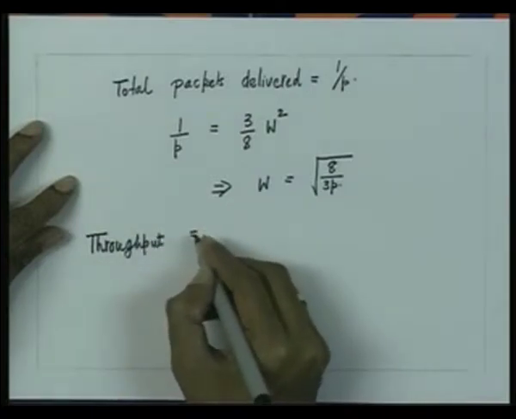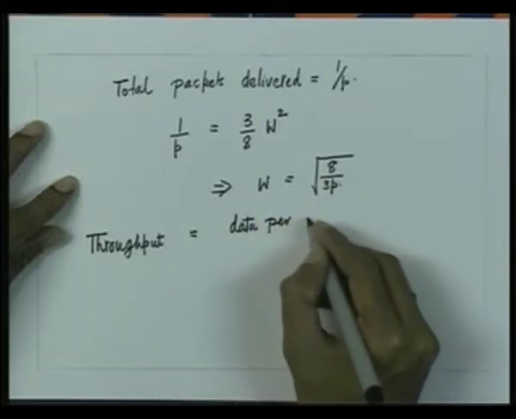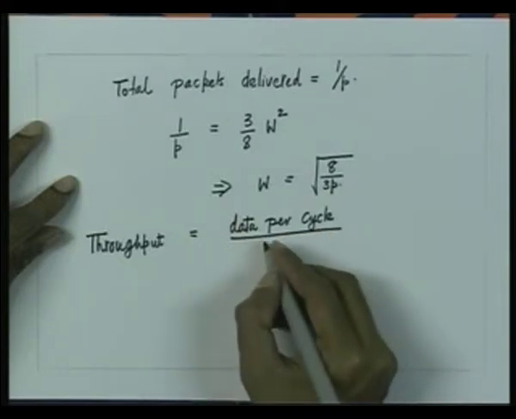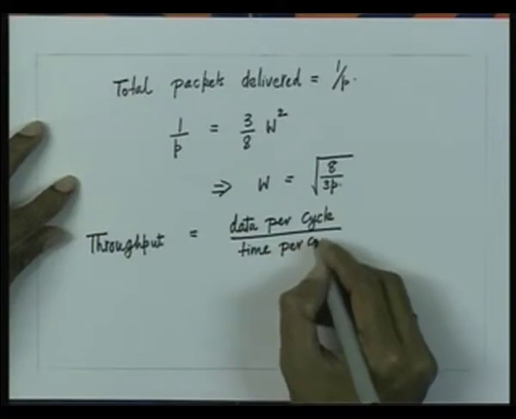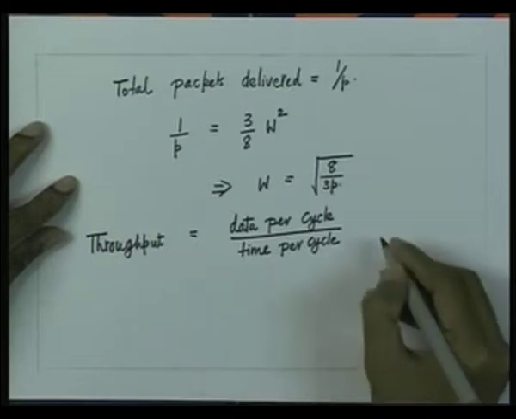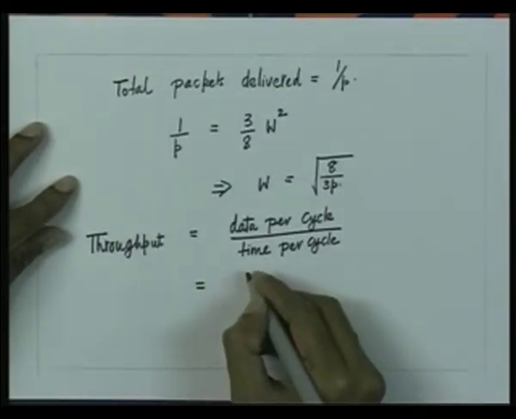And therefore if I define the throughput to be equal to the data delivered per cycle upon the time per cycle.